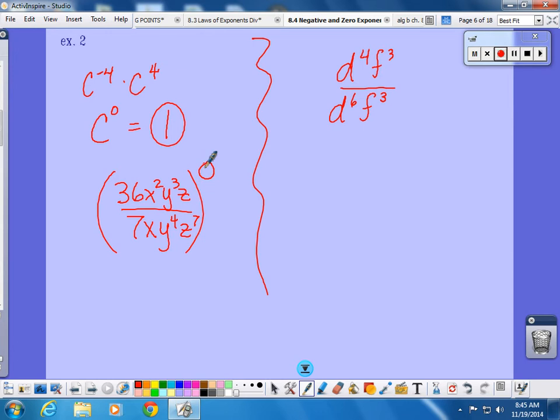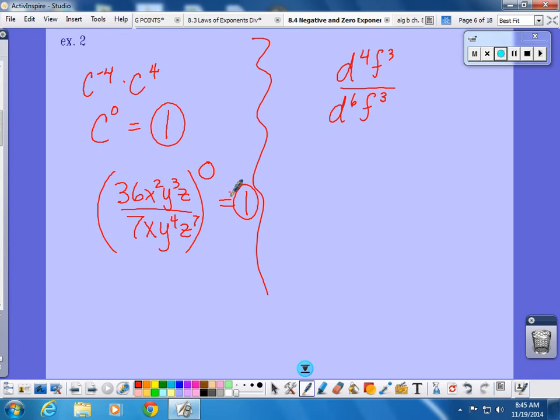If I've got a 0 power, it doesn't really matter what's in here. The answer is 1. Anything to the 0 power. Numbers, variables, combination of the two, doesn't matter.